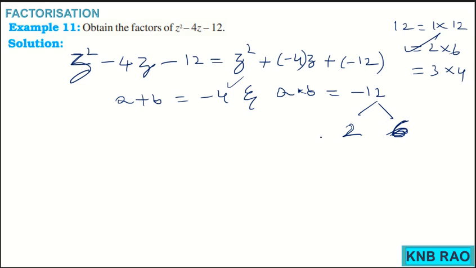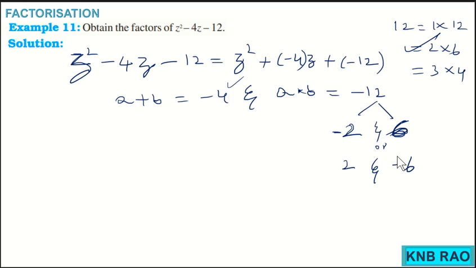Then minus 2 and plus 6, or 2 and minus 6. They are the only two possibilities amongst the selected numbers, that is minus 2 and 6, or 2 and minus 6.